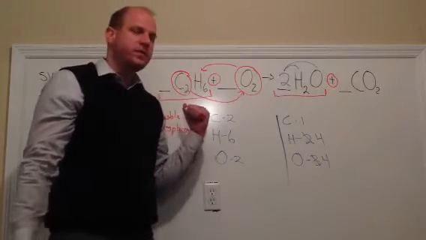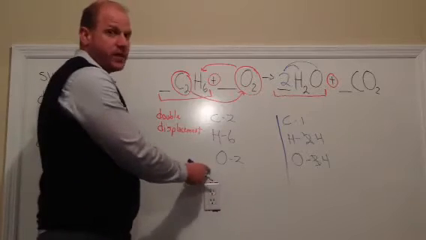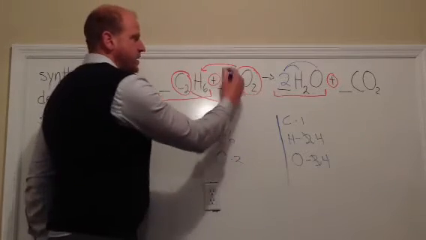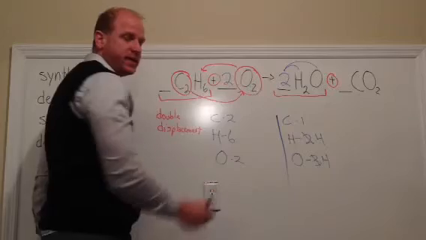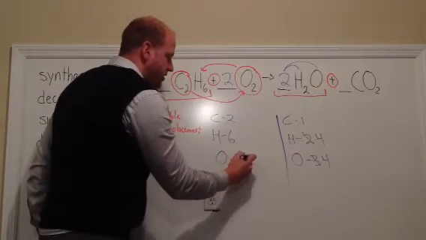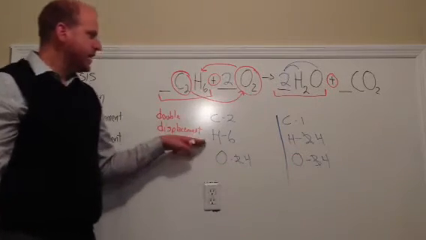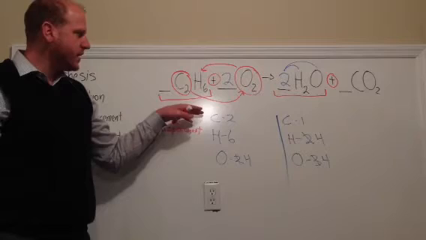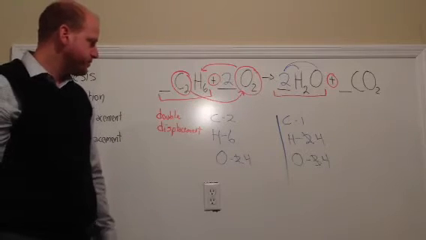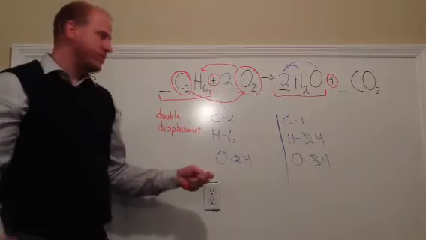Now I'm going to go over to my reactant side, and I'm going to balance first my oxygen, because that's what I started with. To balance my oxygen, I just multiply this side by 2, because 2 times 2 gives me a total of 4 oxygen. So now I've got my oxygen balanced. Now I'm going to go on to my other elements. I've got carbon and hydrogen. It doesn't matter which one you go with. Everything's even now, so you just pick whichever one.